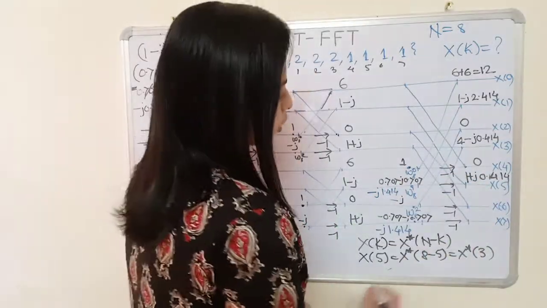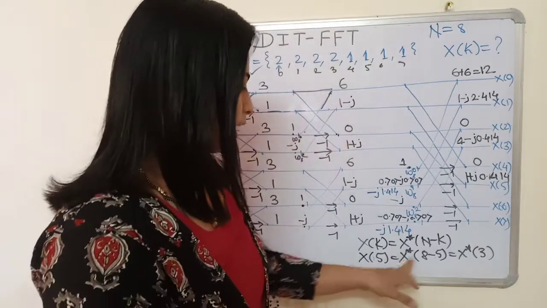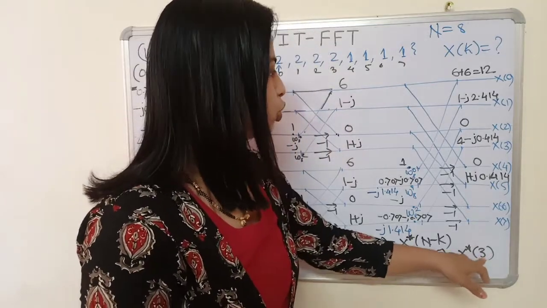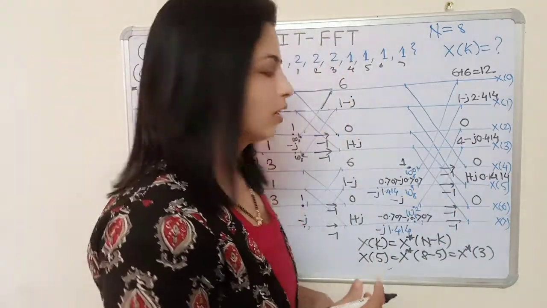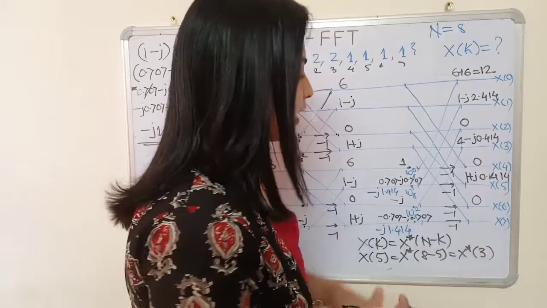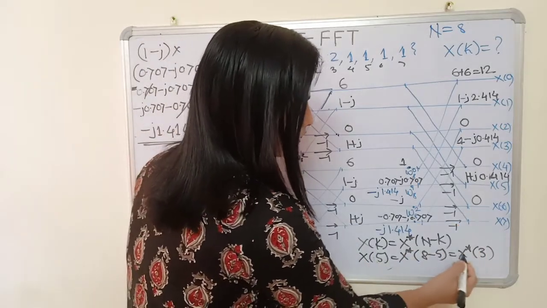Okay, so x of 6. If you want to calculate x of 6, 8 minus 6, so x star of 2. X of 2 is 0, so here the answer is 0. Now x of 7. X of 7 means 8 minus 7, x star of 1.